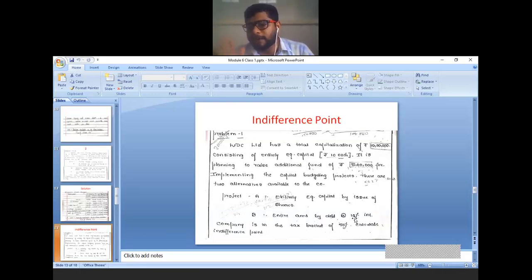That is the meaning of indifference point. I will show you how we are getting the same earning per share at the calculated EBIT. So this is the problem relating to indifference point. For your reference, indifference point means you are calculating EBIT, but at that EBIT level your EPS, earning per share, must be the same.